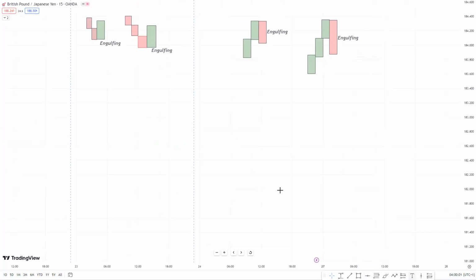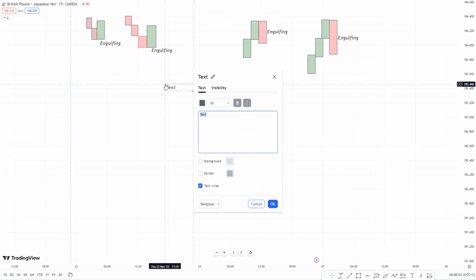Rule number 1, I want a shift in market structure. Rule number 2, I want to be trading during the session.